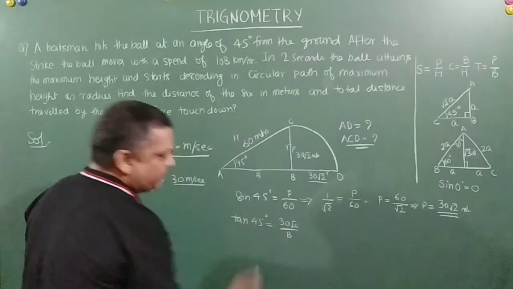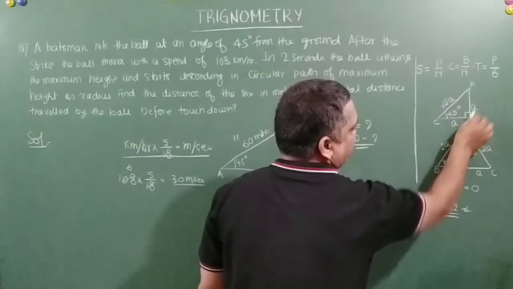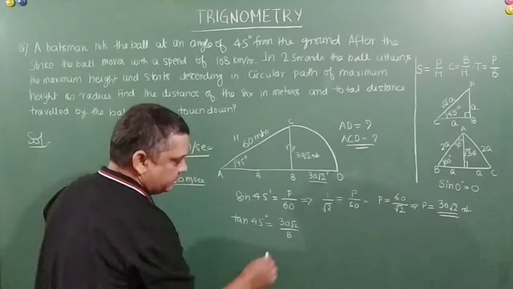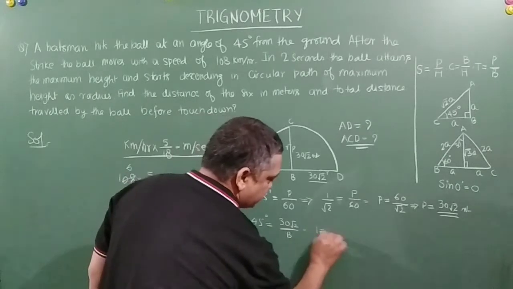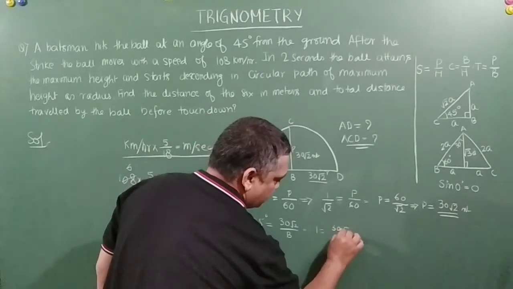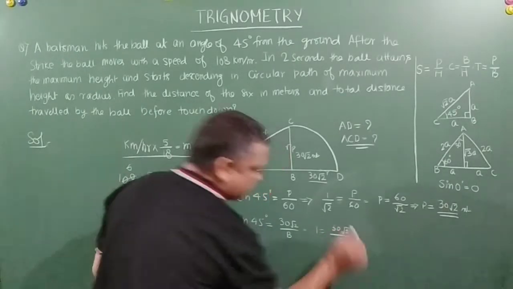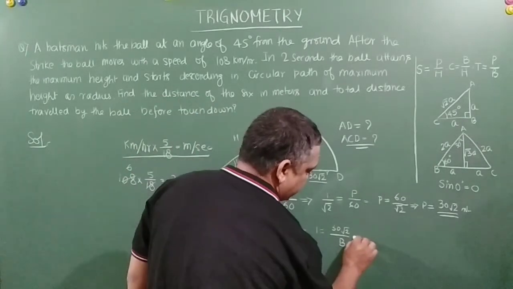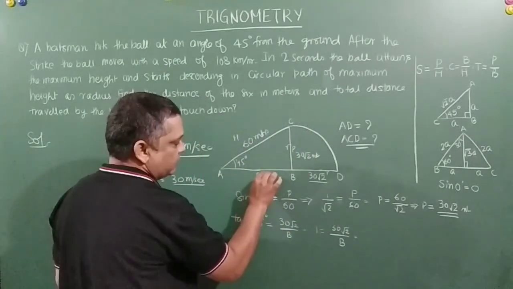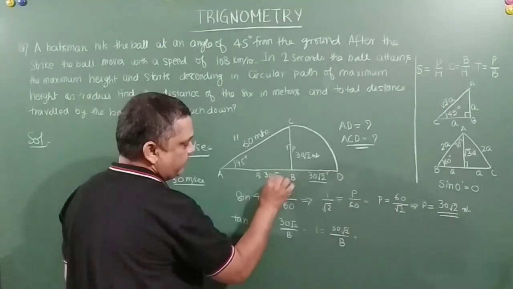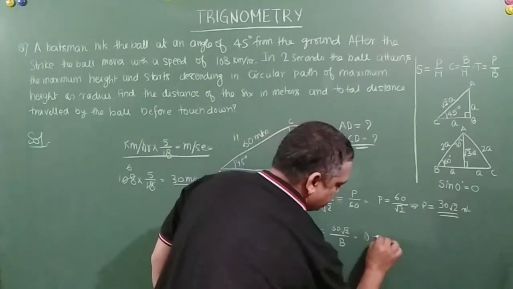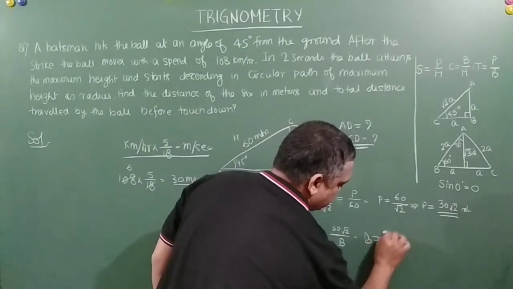So tan 45 is how much? Just see, perpendicular by base, that is equal to 1. So 1 is equal to 30 root 2 divided by base, right? So base is equal to 30 root 2. Even this is also 30 root 2.